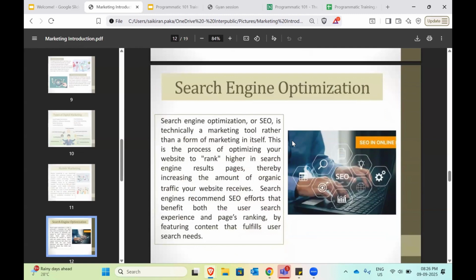Search engine optimization is more about ranking the website. Suppose you've started a travel blog and you've been uploading content, writing articles, but nobody's coming to your page.